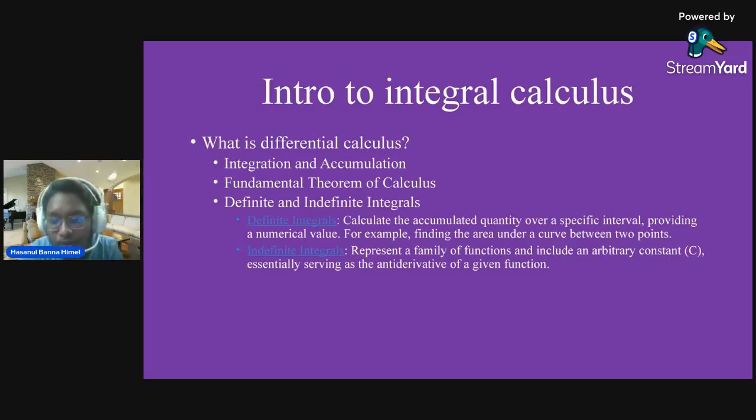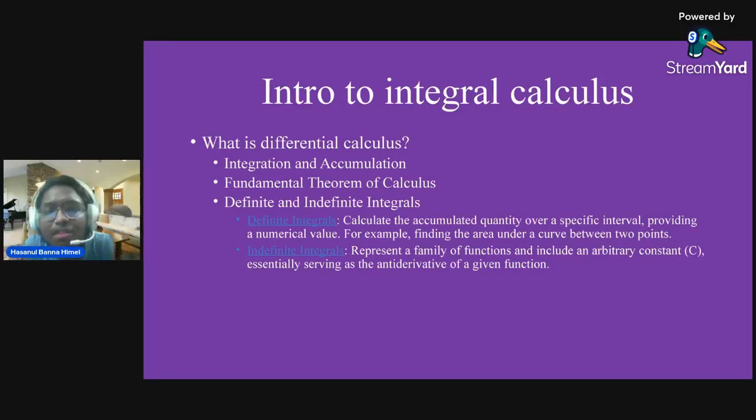So what are those? The first part states that the integral of a function's derivative over an interval equals the change in the function's values over that interval. And what is the second one? The second part provides a method to evaluate definite integrals using antiderivatives.